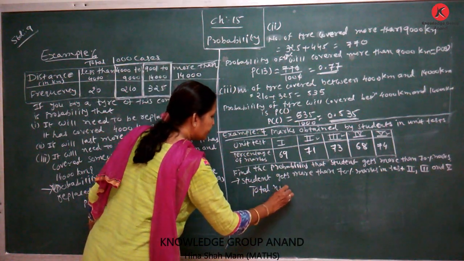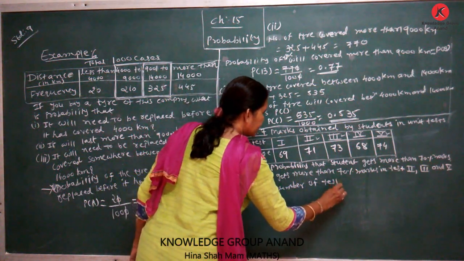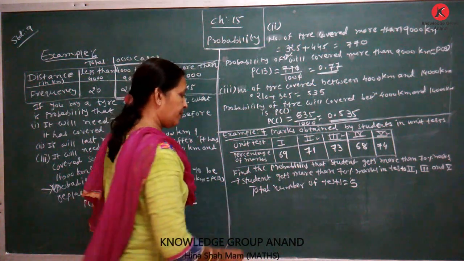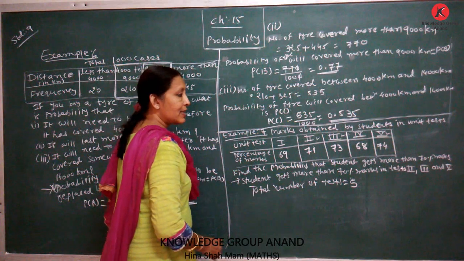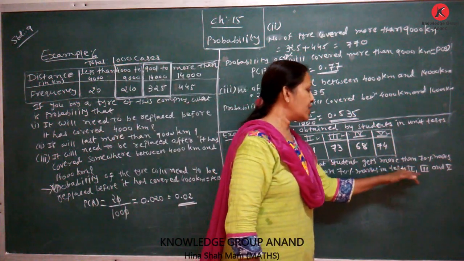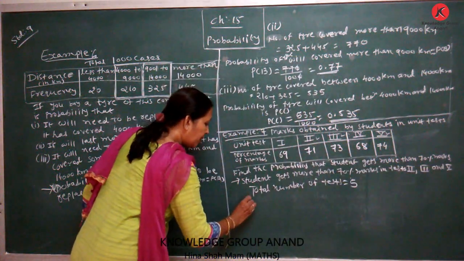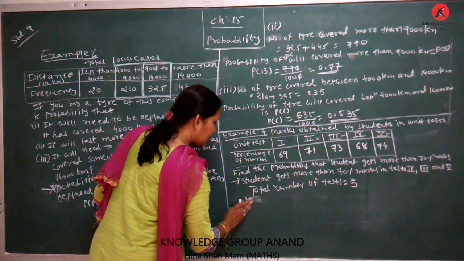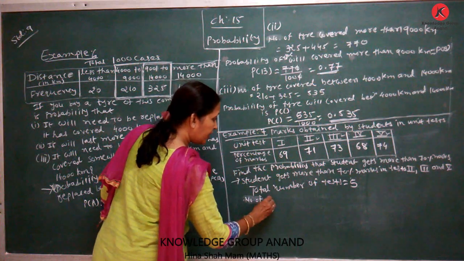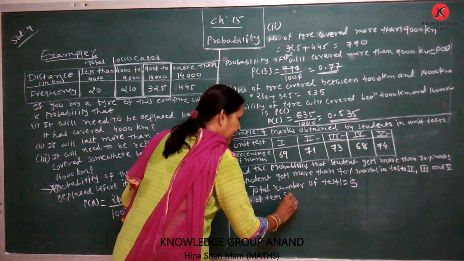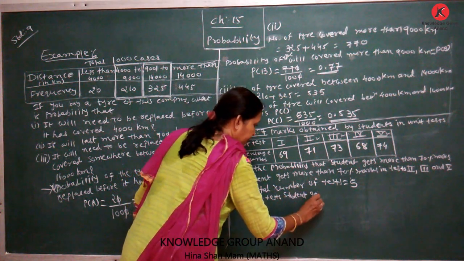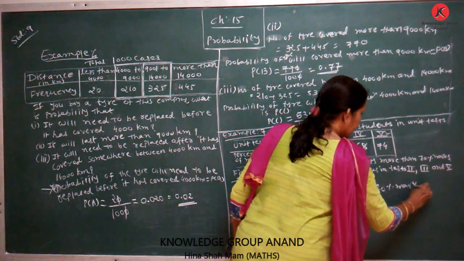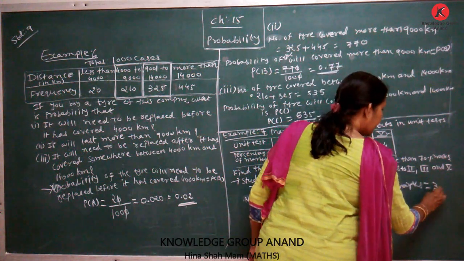Total number of tests is equal to 1, 2, 3, 4, 5, which is 5. The number of tests in which the student gets more than 70% marks is equal to 1, 2 and 3.